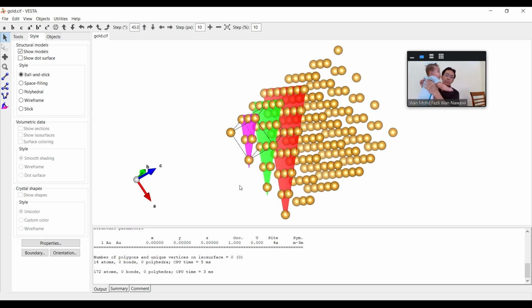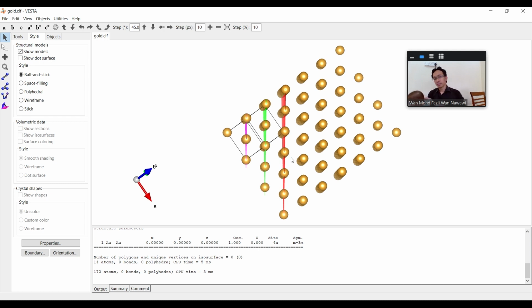And also the distance between planes: if you see, there are 3 planes. They have equal distance, meaning the distance between the pink plane and the green is d, the same as the distance between the green and the red. If you go to the next plane and so on, the distance will be the same.